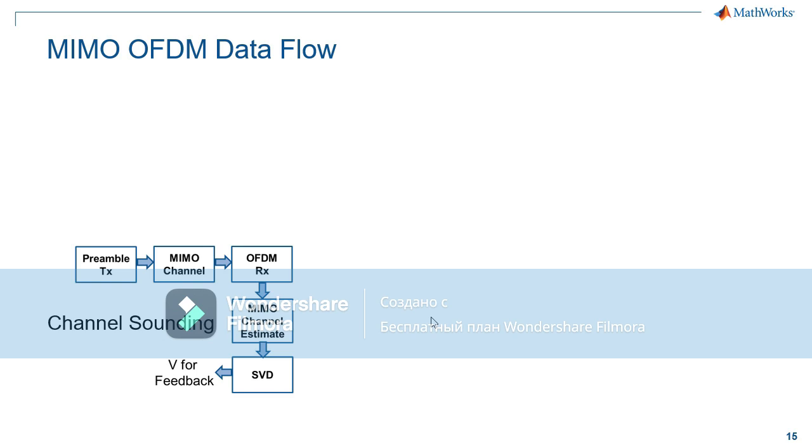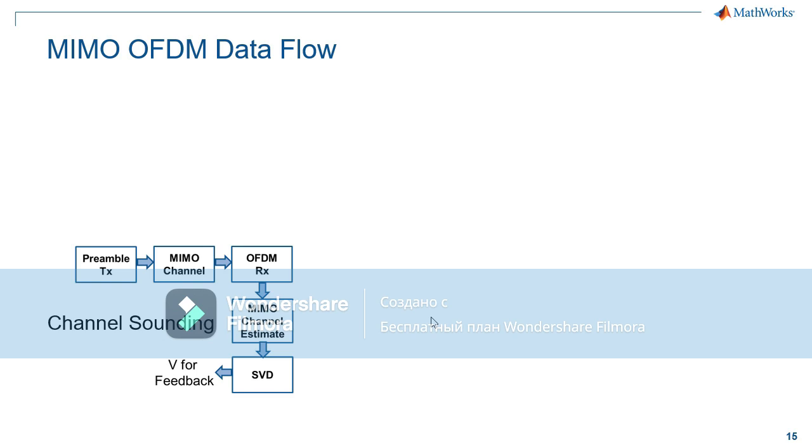It goes through the MIMO channel or your propagation environment. It's received at the receiver, OFDM demodulation is done, and you do a MIMO channel estimation. At each subcarrier, you compute a channel matrix, which provides a matrix of gains relating the transmit ports to the receive ports.